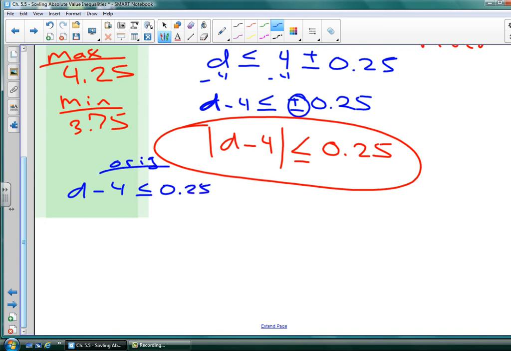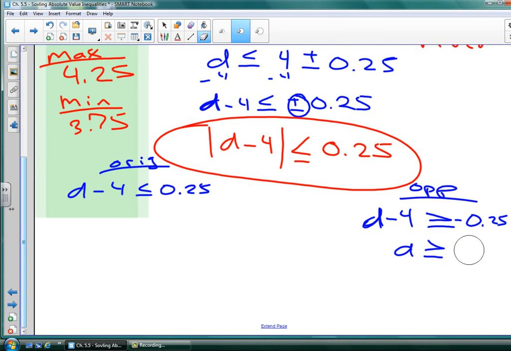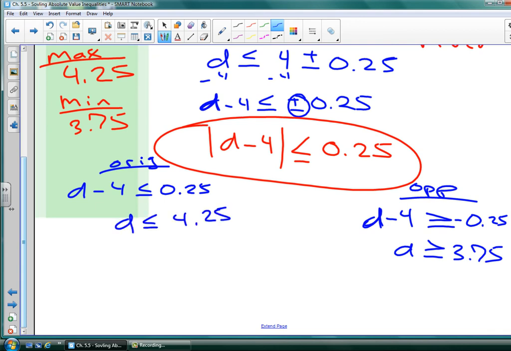I'm going to do the opposite. d minus 4 is greater than or equal to, because I must flip my inequality, negative 0.25. Solving, I end up with d is greater than or equal to 3.75, which we already know is the minimum. And d on this side is less than or equal to 4.25, which we already know is the maximum. So this is a good way to check yourself.